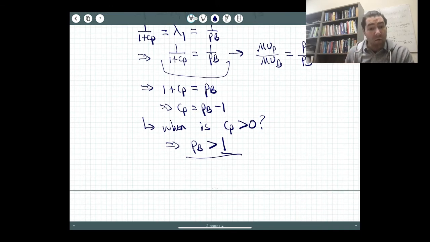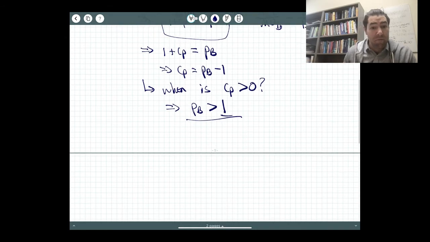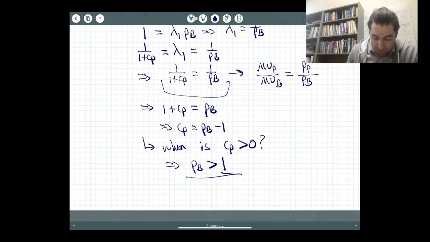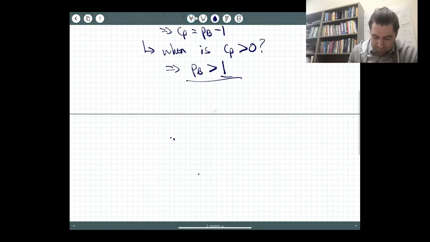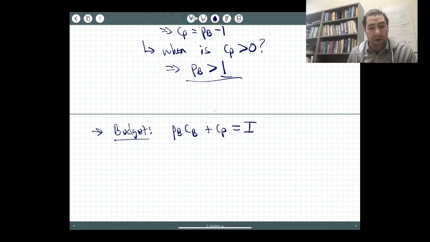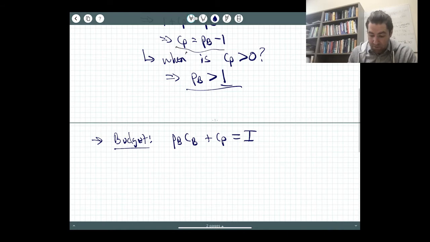Okay, so now what is consumption of beer in this case? Here I can use the budget constraint. Remember my budget, coming from my complementary slackness condition, says that PB CB plus CP has to be equal to I. We know the budget constraint is going to bind, and so I can plug in for CP here.